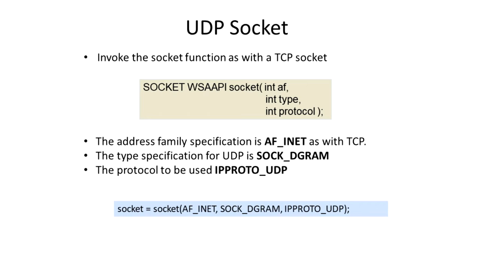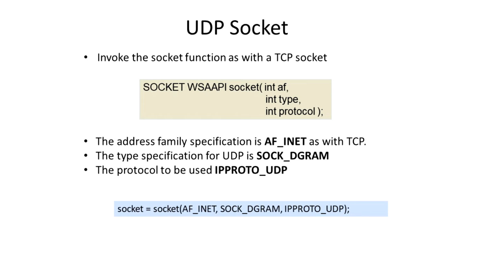And then it's the next 2 parameters that we want to change. Rather than using constants referring to TCP, for the second parameter, we want to specify UDP. So we use the constant SOCK_DGRAM, short for datagram. And then for the third parameter, we specify IPPROTO_UDP rather than a constant referring to TCP.